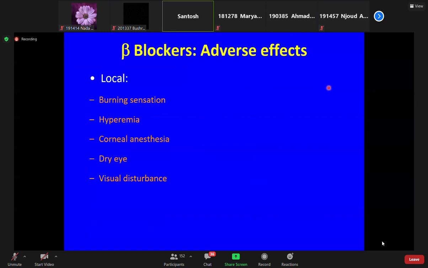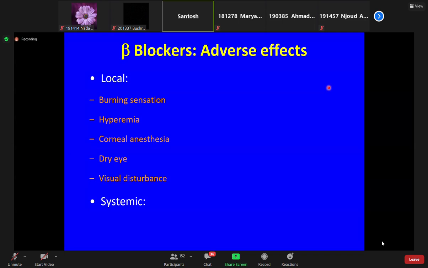So adverse effects of beta blockers, we have local effects like burning sensation, hyperemia, corneal anesthesia, dry eye, visual disturbance, and you have systemic effects. They can get absorbed systemically, and because they are not going through first pass metabolism, they can have some serious systemic effects, especially in susceptible individuals.